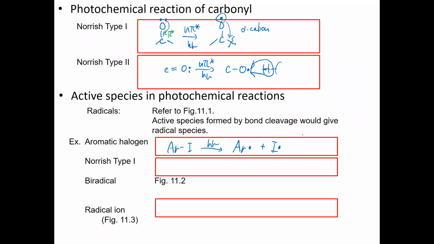And as I mentioned, in the Norrish type 1 reaction, for example, if you have an aromatic carbonyl, you can cut the bond of the alpha carbon.